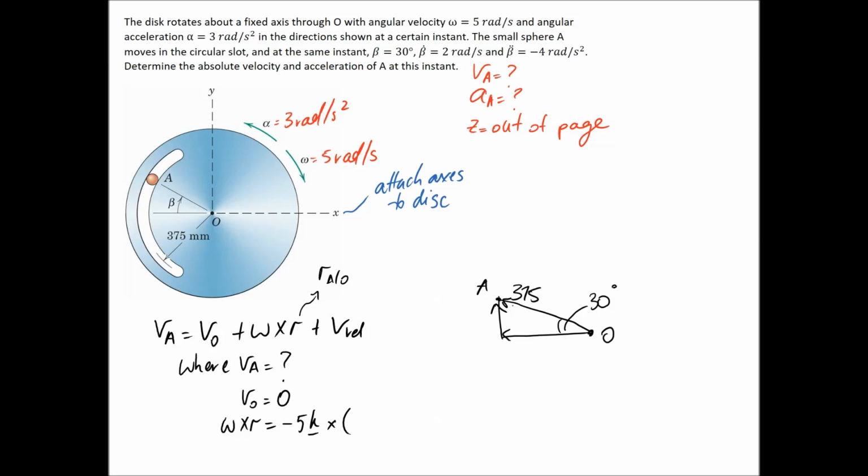And in X and Y, since that's how we've defined our axes, it's going to be those two vectors that add together. So it's going to be negative 375 cos 30 i for the length of this line, and it's going in the negative x direction. The other one is going in the positive y, so it's going to be plus 375 sine 30 j. So if you expand this out, it becomes this.